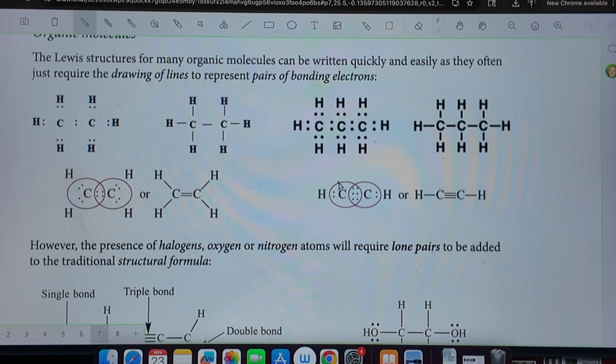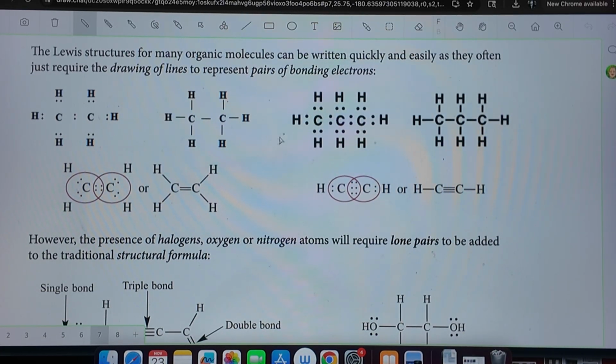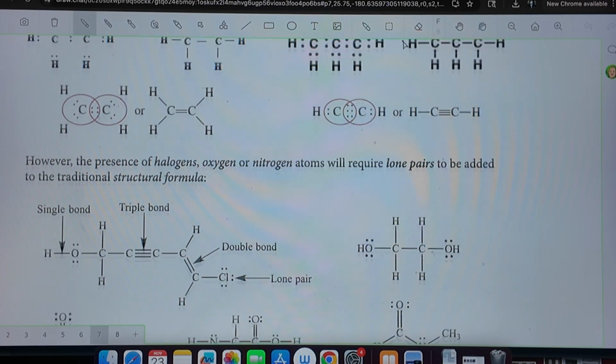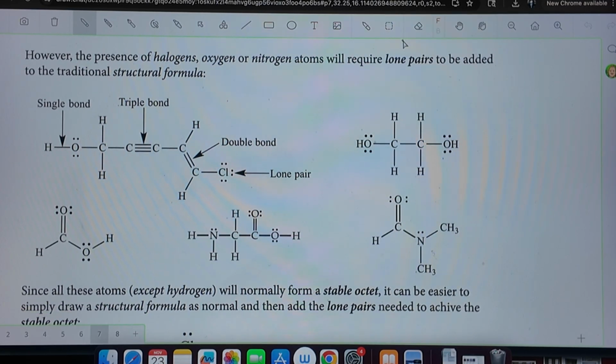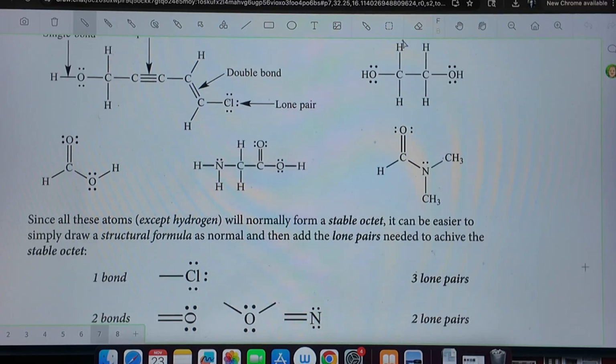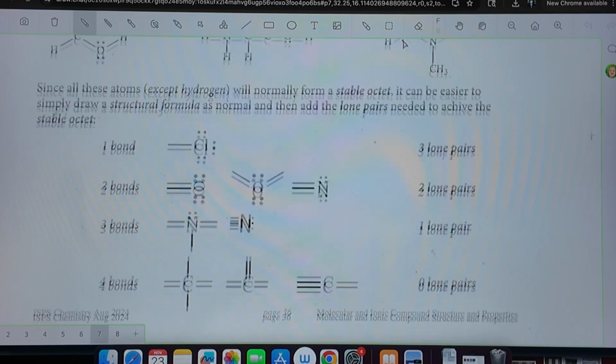The Lewis structures for many organic molecules can be written easily as they often just require the drawing of lines to represent pairs of bonding electrons. Yes, we see this all the time. Single bond, 1 line; double bond, 2 lines; triple bond, 3 lines. Lone pairs are 2 dots.